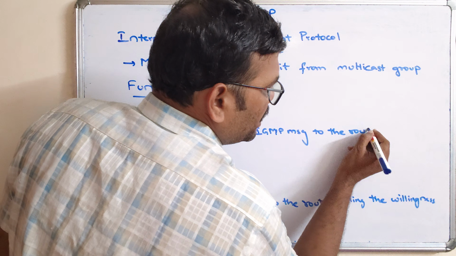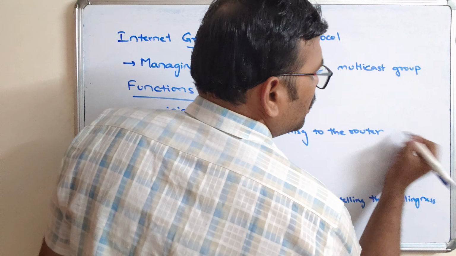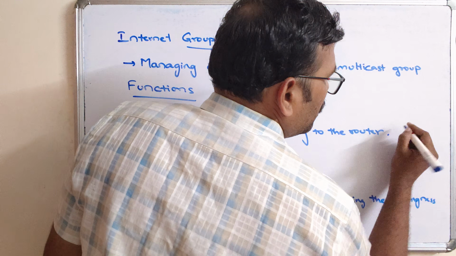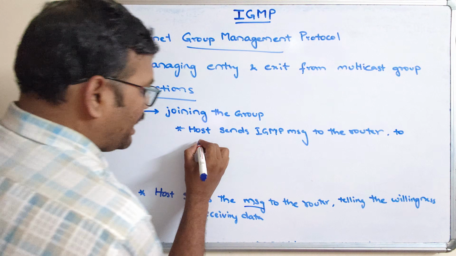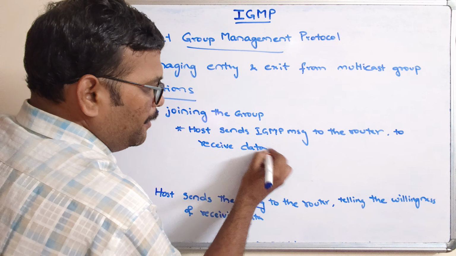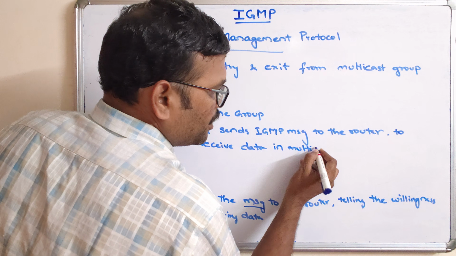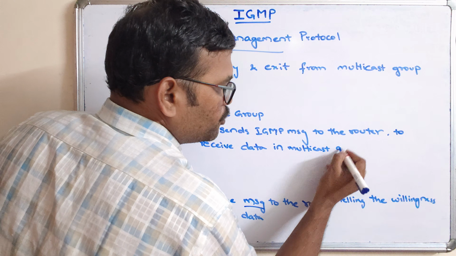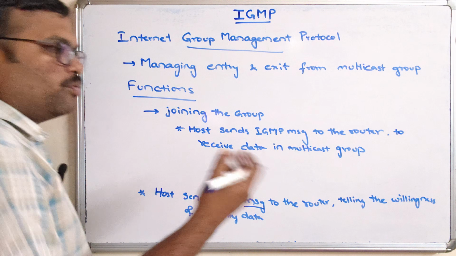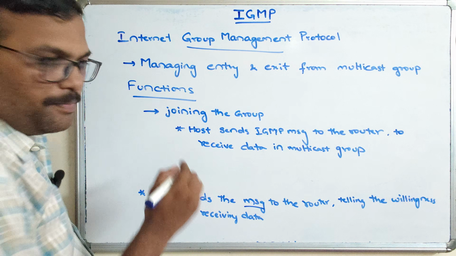Everything will be done by the router. So it will send the IGMP message to the router to receive data in the multicast group. Automatically the router will add this particular host to the multicast group.